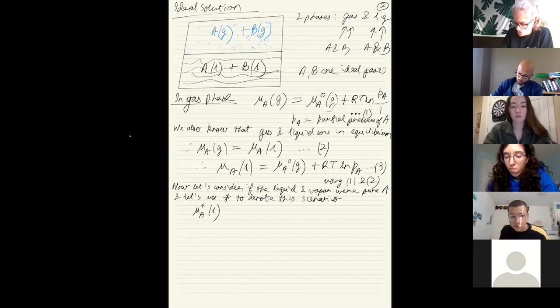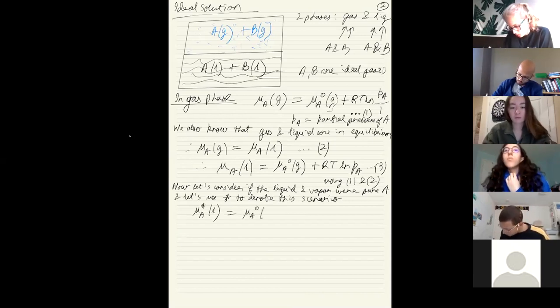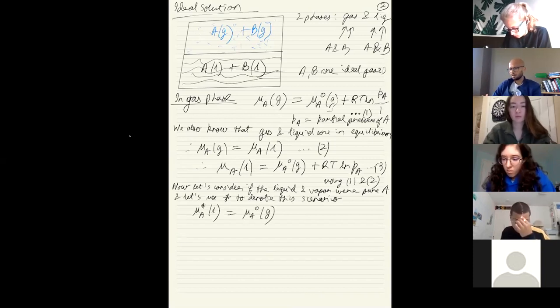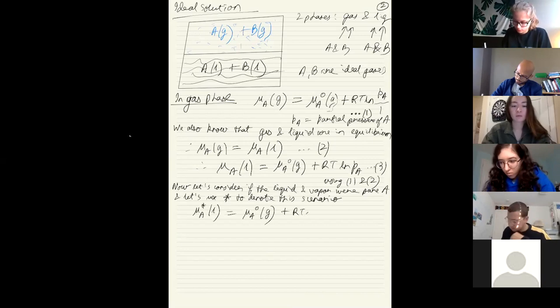So if this is true, then what can we say about mu A star liquid? If there was only A, we can still say that mu A star liquid is equal to mu A naught gas. We don't need to put a star for the mu A naught because that's just the reference chemical potential for pure A, plus RT ln PA.